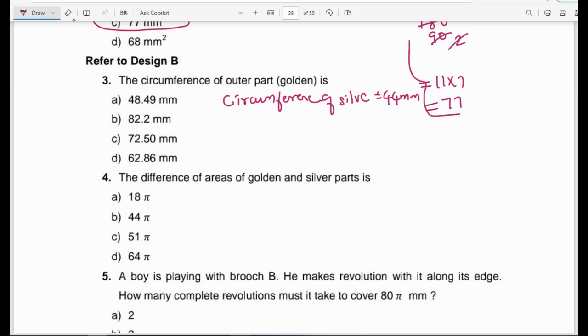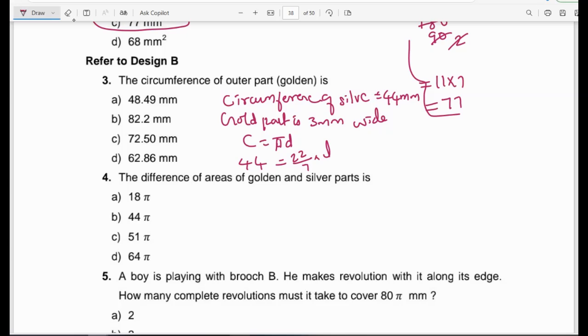What else have they given? The gold part is 3 mm wide on every side. Then we have the formula, circumference is equal to pi d. So here the circumference is 44, pi will be 22 by 7, into d.